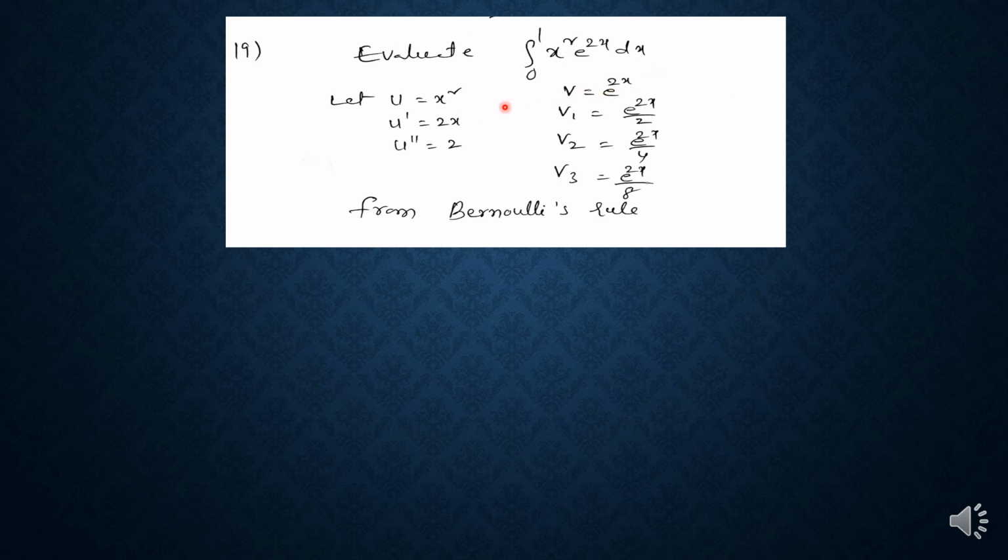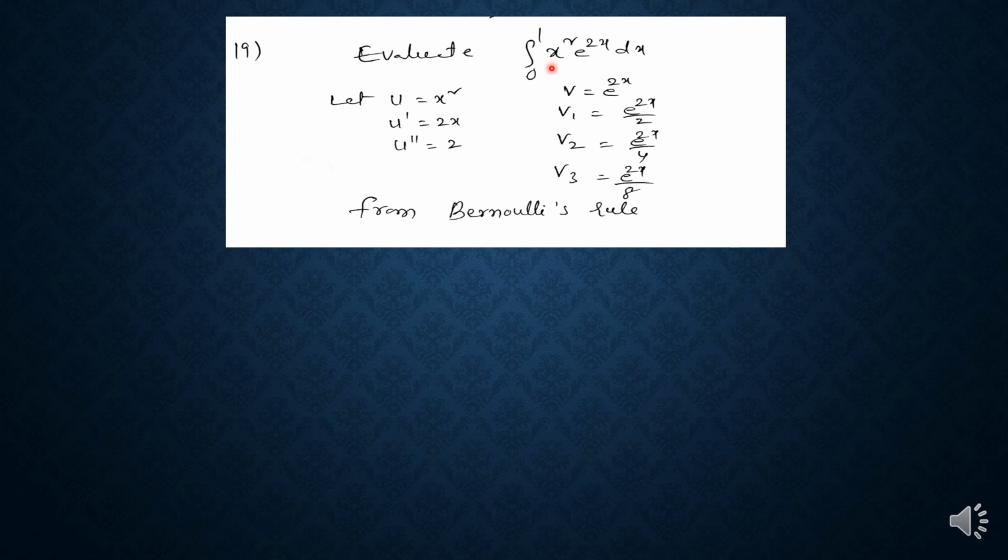So we have the Bernoulli's rule, integral u v dx is equal to u into v1 minus u dash v2 plus u double dash v3 and so on. So as per the rule, we have to choose which is the first function and which is the second function. What is u?